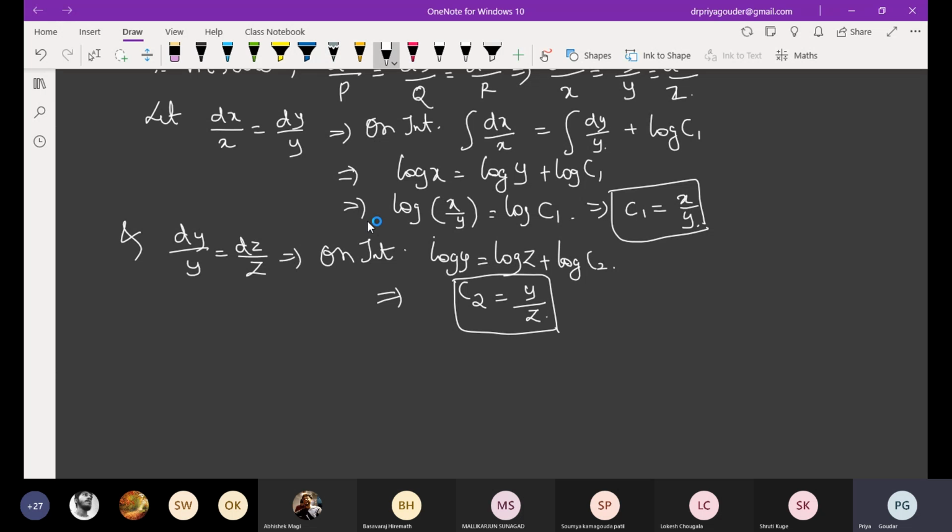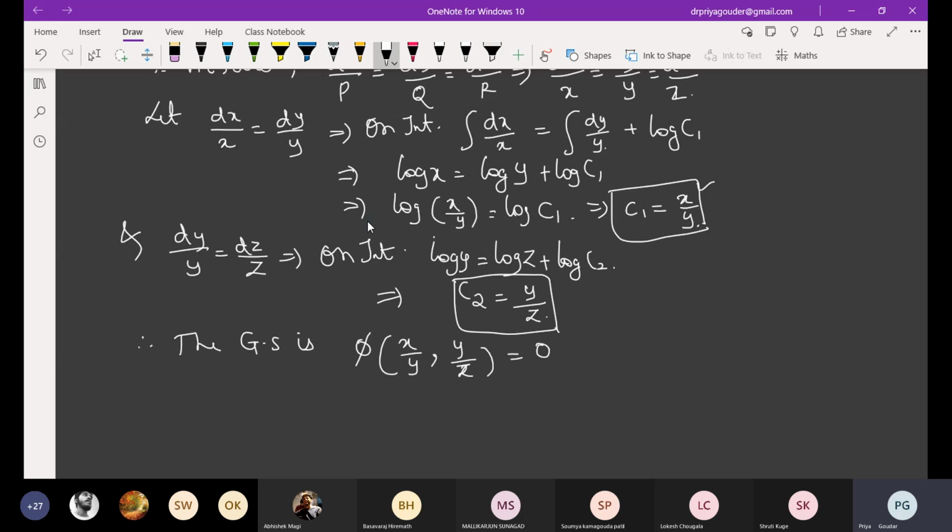Now, this is not the end. You should write the general solution. Therefore, the general solution is phi of the first relation not containing the constant, comma, second relation, is equal to 0. Do you remember we solved such equations to form the PDE?